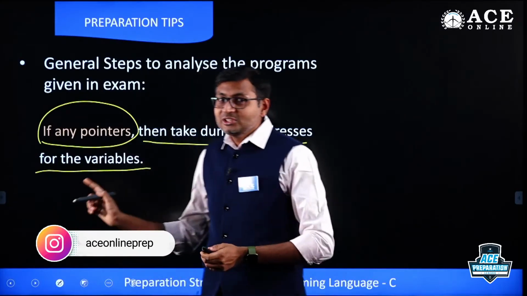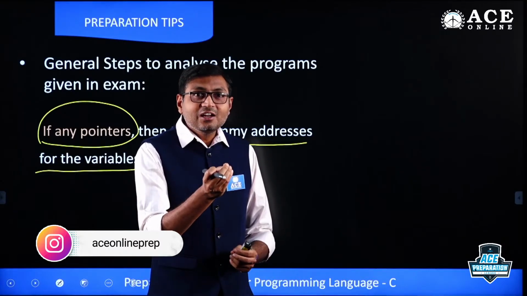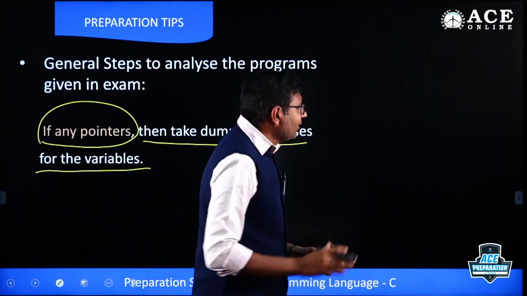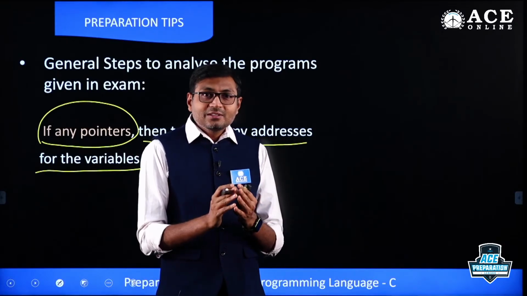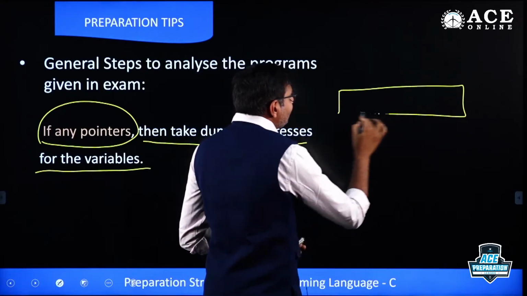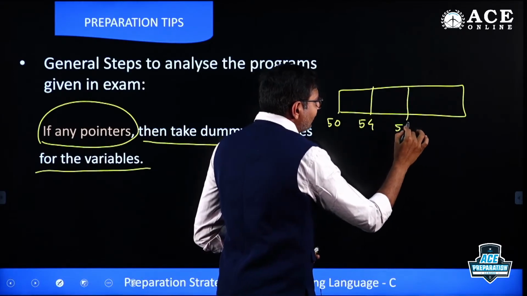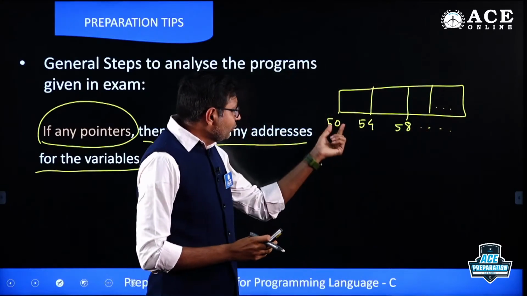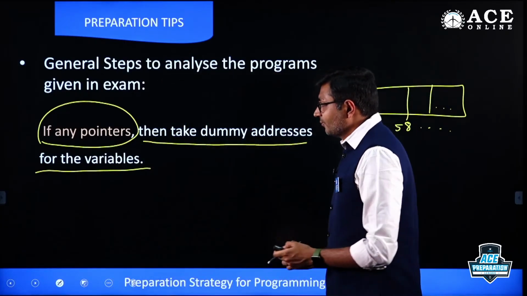Especially with pointers, many students get confused or find it difficult, but I say it is not rocket science. The only thing many programmers miss is the visualization of the memory. If an array is declared, then clearly show this is address 50, 54, 58, etc. So try to show the addresses and then start your analysis of the program.